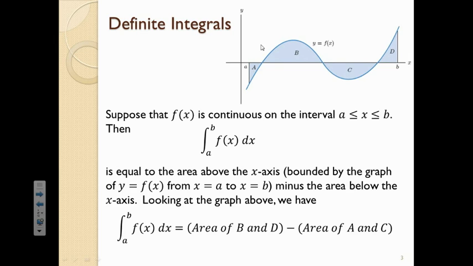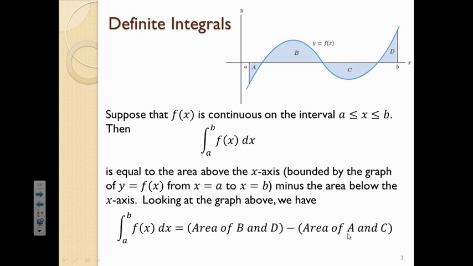When we're doing the definite integrals, if all of the area were above or below, we could simply say that it's the sum of the entire function. In this case, because some area is above and below, we take the area that's above the axis, namely the sections B and D, we add them together, and then we subtract out the negative area, the area that's below the x-axis, and over here at C as well.